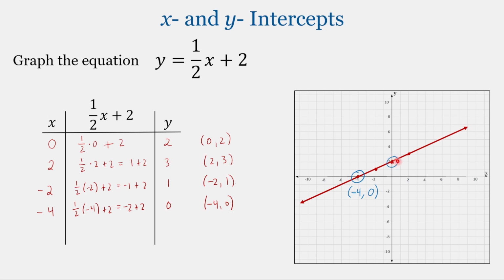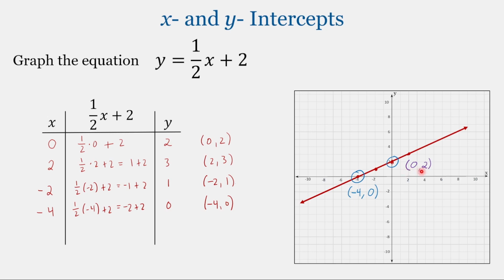Now let's look at where the graph crosses the y-axis. It appears to cross at a value of 2. So the ordered pair will have a y-coordinate value of 2. And since we stay on this y-axis, we don't move to the right or left. So the x-coordinate value of the y-intercept is 0.